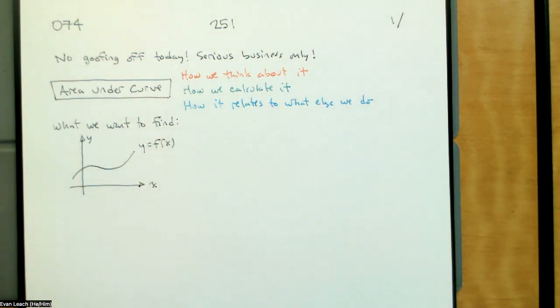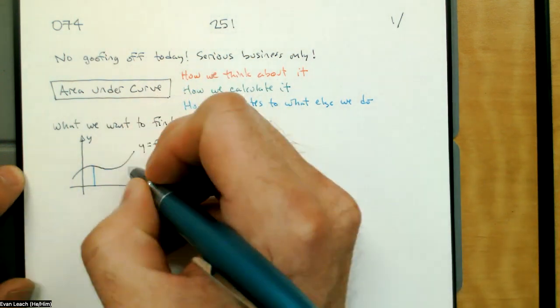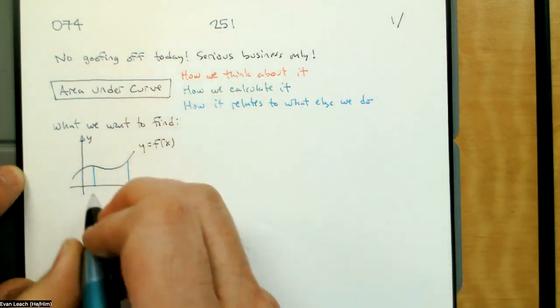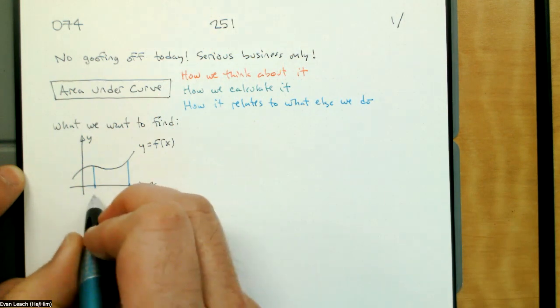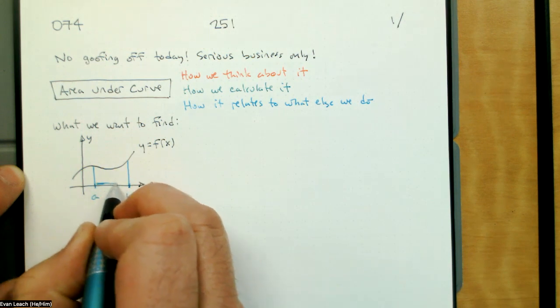What we want to find is the area underneath a curve and above an interval. We want to calculate the amount of space between two one-dimensional things. That's going to give us a two-dimensional area. So I want to calculate above the interval from A to B. There's an interval down here.